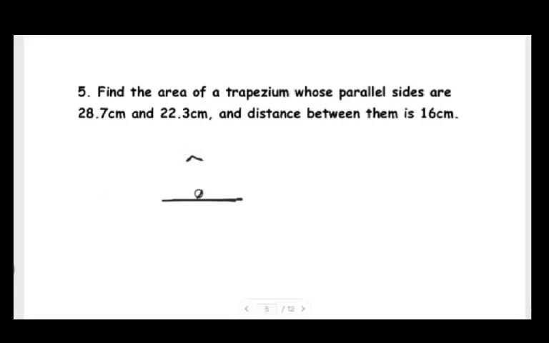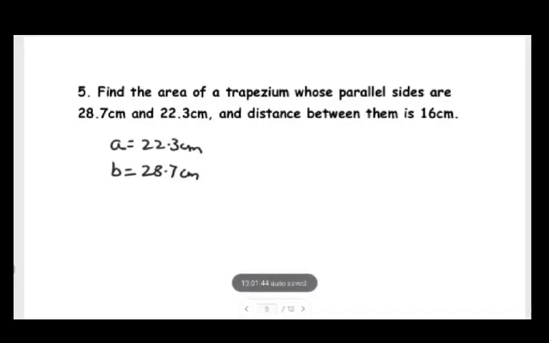Let me note down all the values. The smaller side I normally take as A, so it's 22.3 centimeters. B is 28.7 centimeters, and my height or my distance is 16 centimeters.